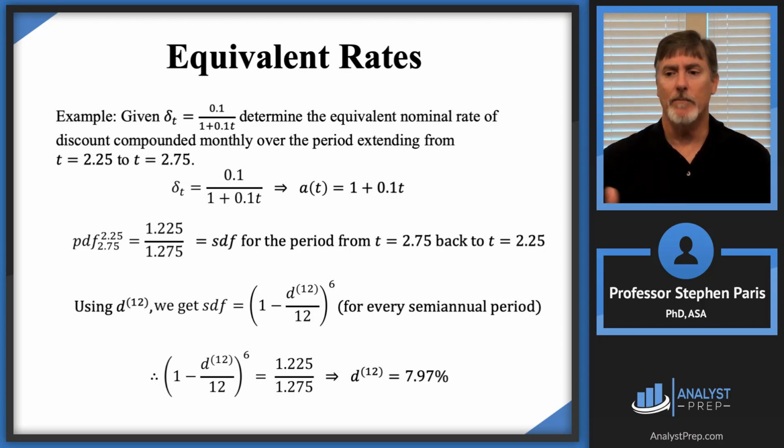You know, if one bank was offering you 8%, the d upper 12 as an 8%, and you were deciding where to invest your money, you'd say, I'm going to invest my money in the bank that's offering me the higher rate, the d upper 12 of 8%.